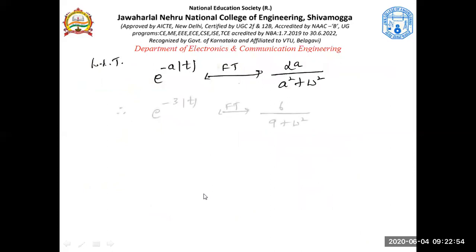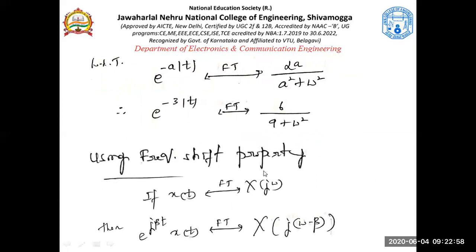So that needs to be understood now. Along with this, we will have a frequency shift. Why are we referring to frequency shift? Because there is an exponential with this. So to understand that, we need to know the frequency shift.